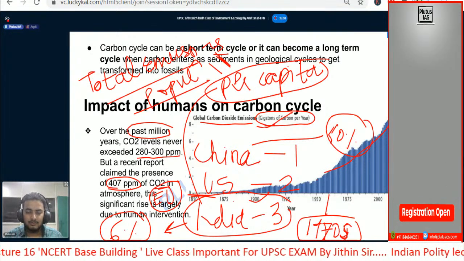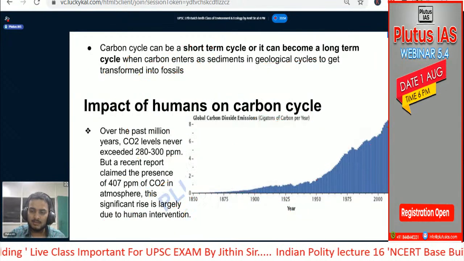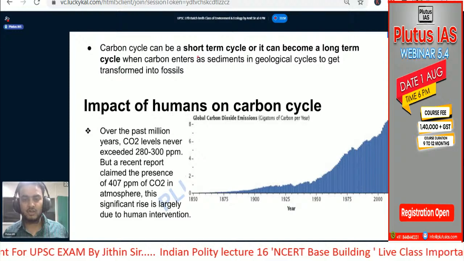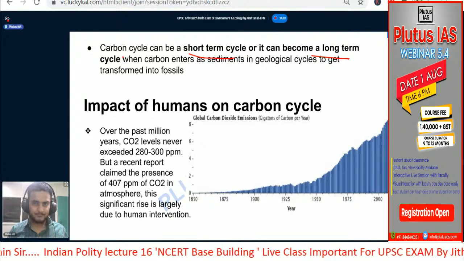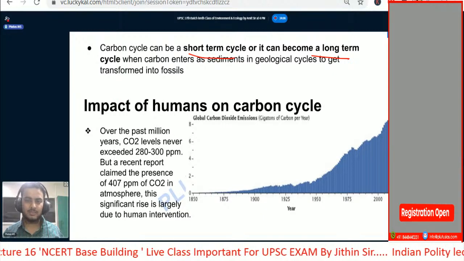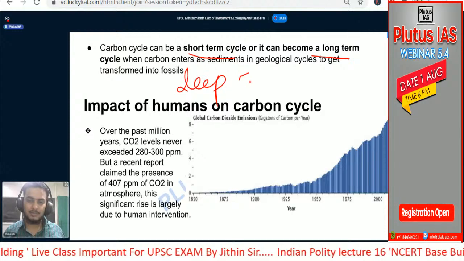Okay. So after this, I was explaining the short-term cycle and this long-term cycle. The short-term cycle is the gaseous cycle, which was earlier explained, while the long-term cycle is a deep Earth cycle.